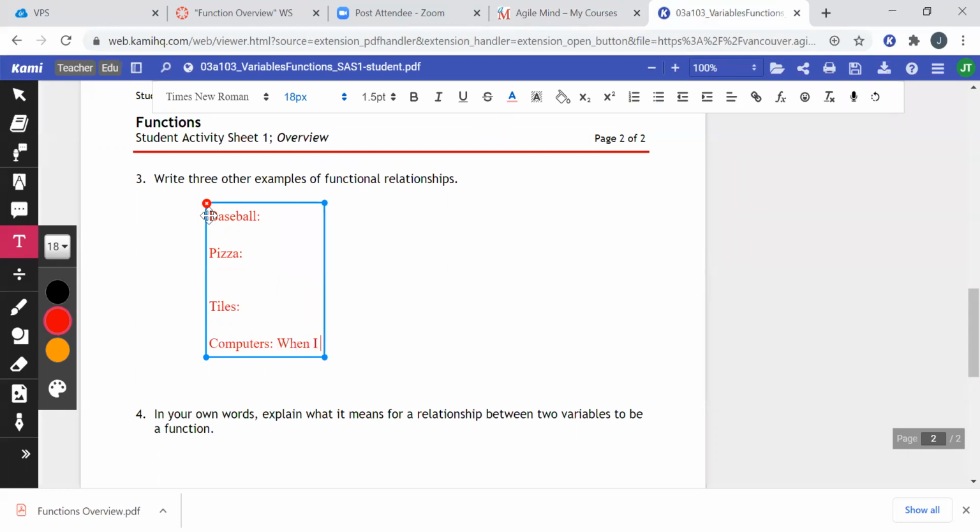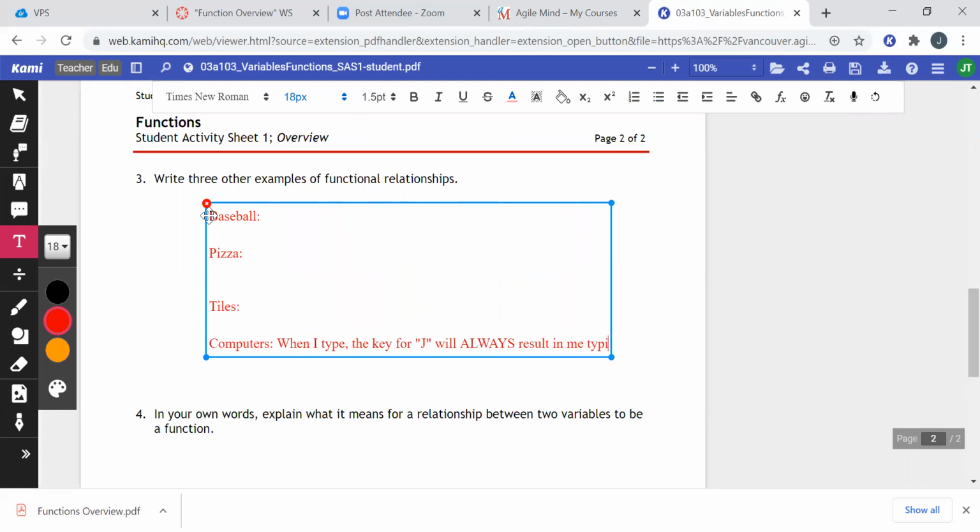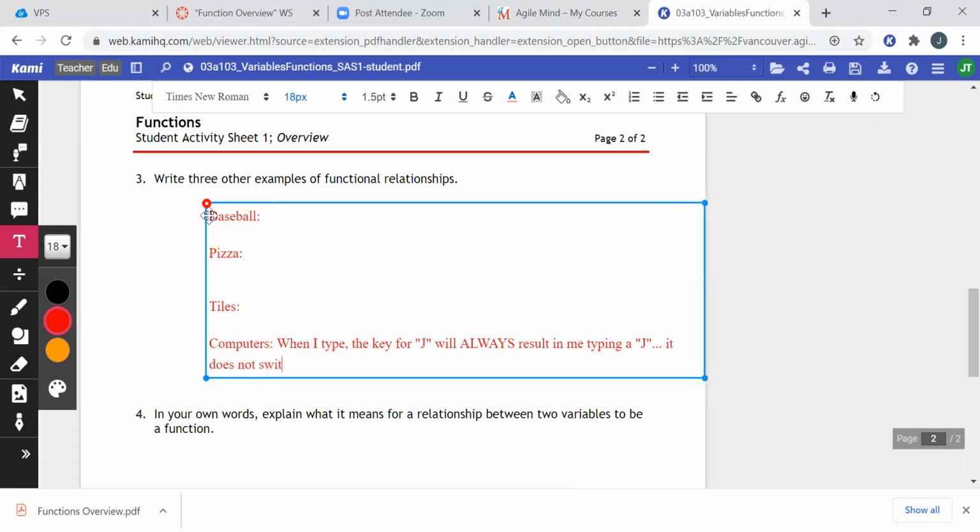When I type the key for, we'll go with J, will always result in me having a J. It does not switch to other letters every time I press it.